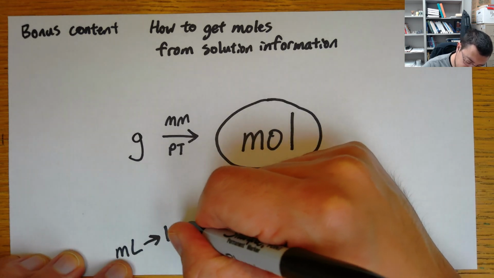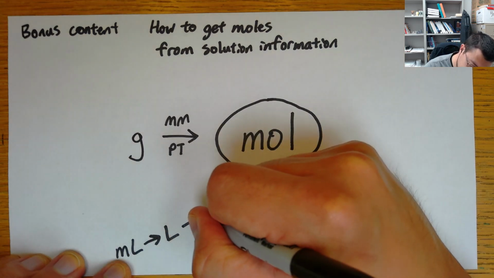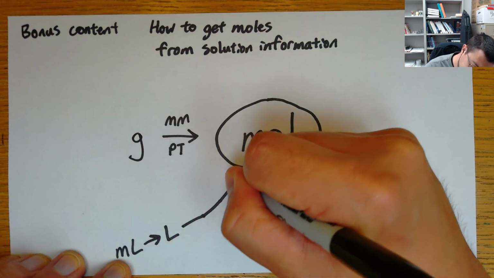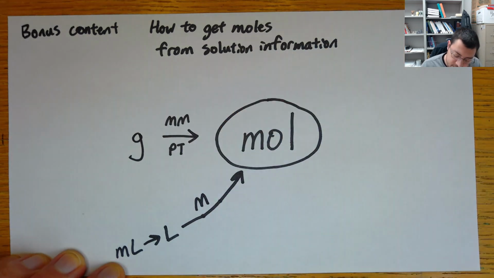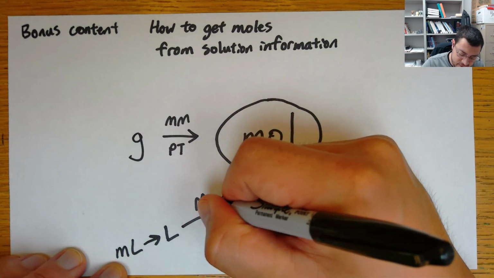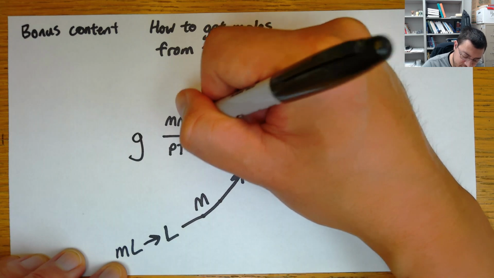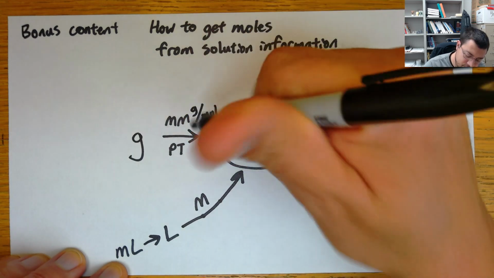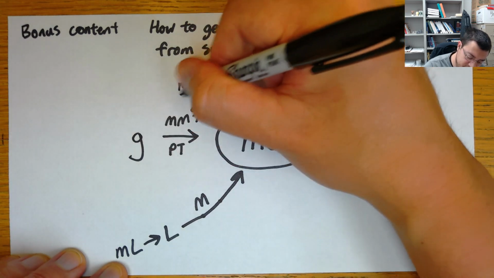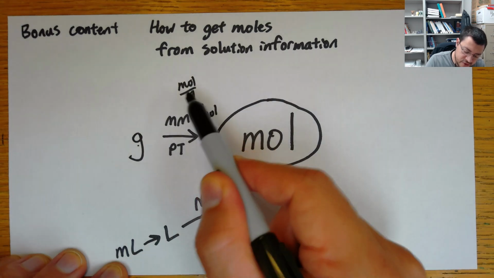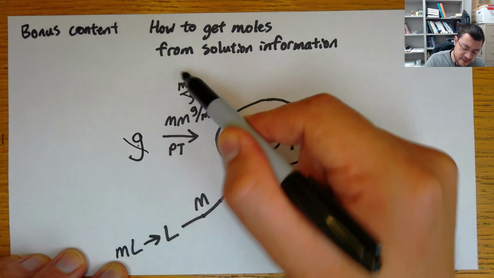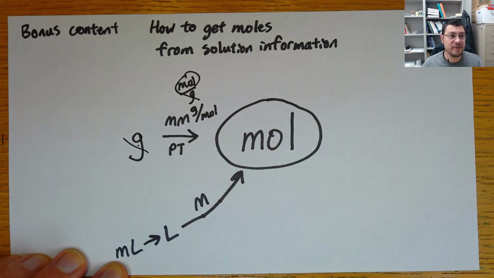Once you have something in liters, you can use molarity. Okay, capital M meaning molarity. And whereas a molar mass is grams per mole, or moles per gram if you flip it, if you have the flip version of molar mass, grams times moles over grams cancels your grams, leaving you with just moles, and you're there, right?